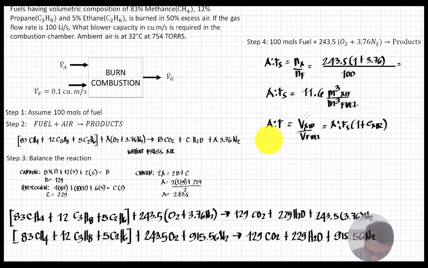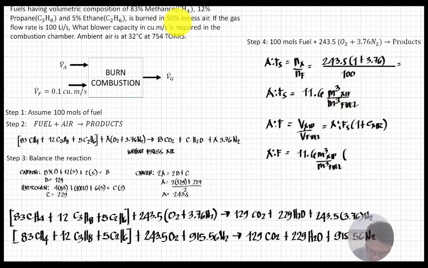Now, we can substitute your stoichiometric value here for your actual air fuel ratio. So for stoichiometric, we have the value of 11.6 cubic meter of air per cubic meter of fuel. Then I'm going to multiply this by our excess air.